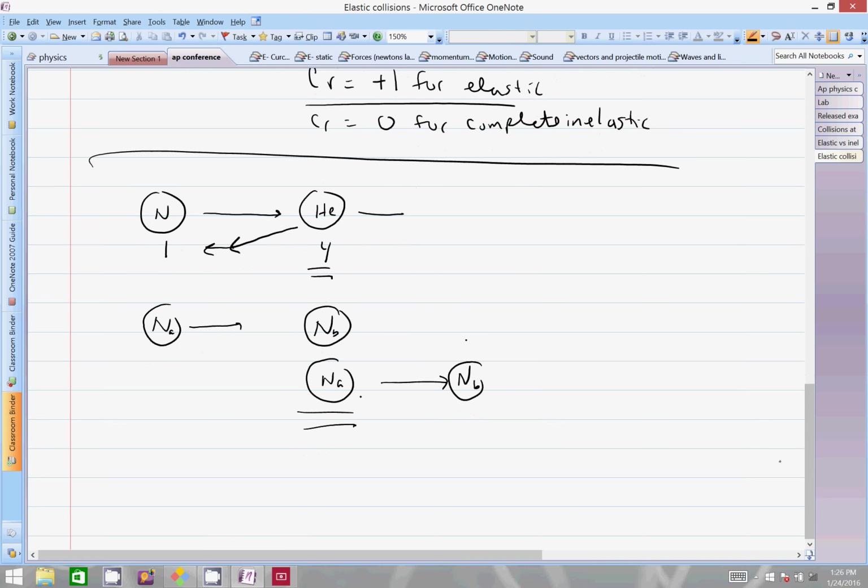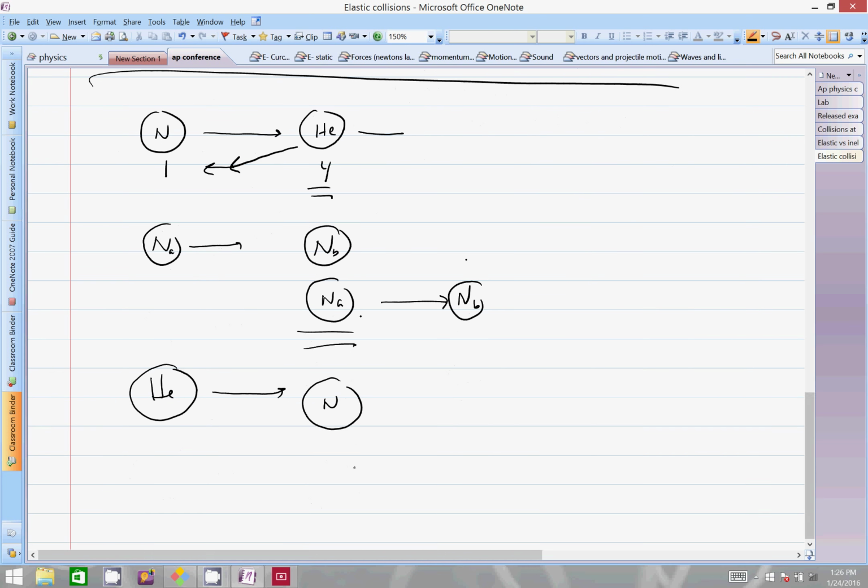If, in fact, the other way around, we had the helium particle moving, and the neutron is stationary, then in the aftermath not only would the helium particle be moving, but the neutron would also be moving. So the relative masses make a big difference.